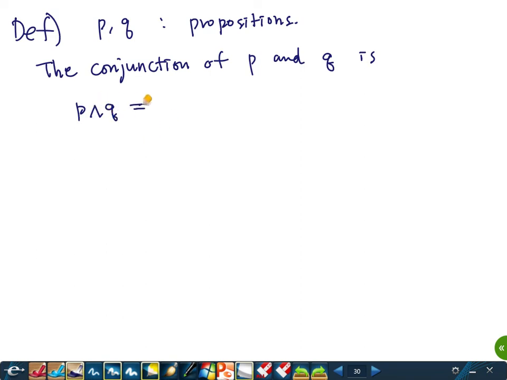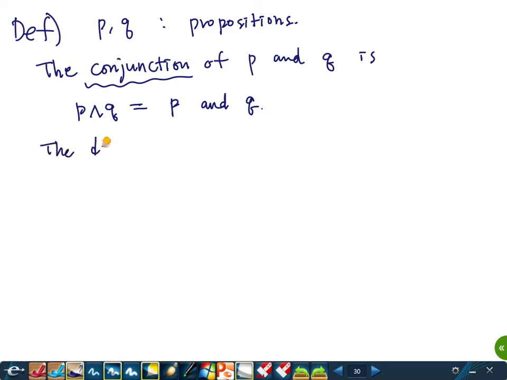By definition, it means P and Q. The name is not that important. I don't even remember this. But this notation you need to remember. It's like intersection, but it is angled, not round.